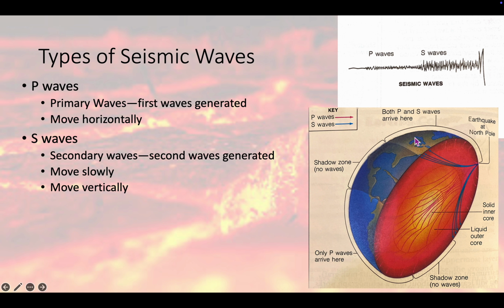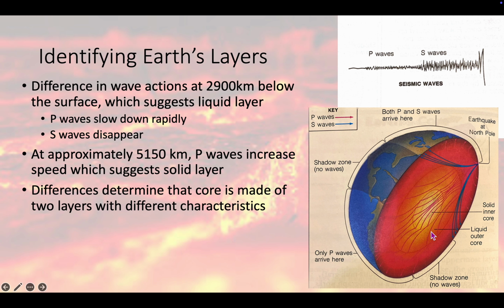But they can both arrive if they're traveling along the surface to other areas that don't require them to go through the core. We do get a shadow zone where there's not going to be any of the S waves. And then on the other side of the Earth, we're going to get only our P waves. The P waves can travel through the center of the Earth because we've got different substances. It impacts the travel.